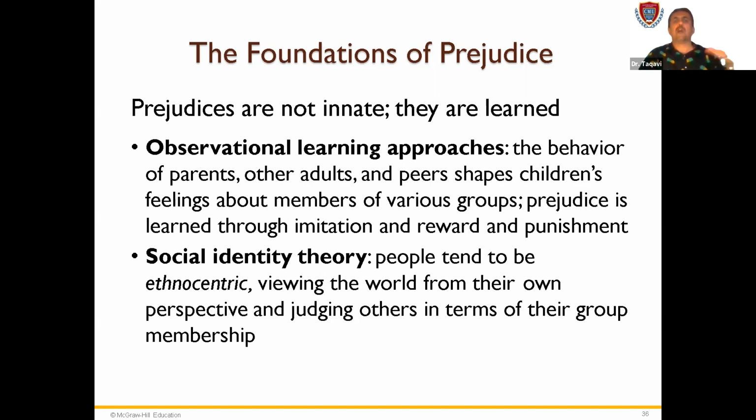Ethnocentric is about the tribe, about the culture, about the ethnicity. Ethnocentric means that everybody with us is right, other people are wrong. Ethnocentrics view the world from their own perspective, judging others in terms of their group membership: with us or against us.